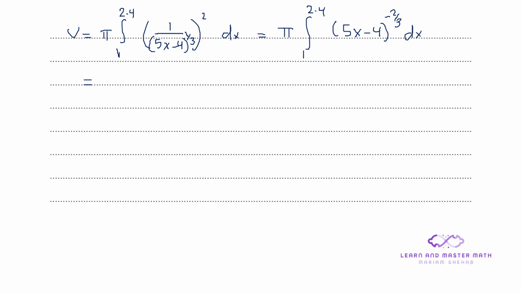Undoing the chain rule, I'll do pi times 1 over the derivative of 5x minus 4, which is 5. And using the power rule, this will be adding 1, so it will be (5x minus 4) to the power minus 2/3 plus 1, which is a third, divided by a third, from 1 to 2.4.